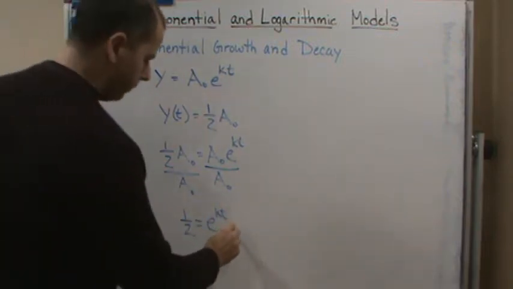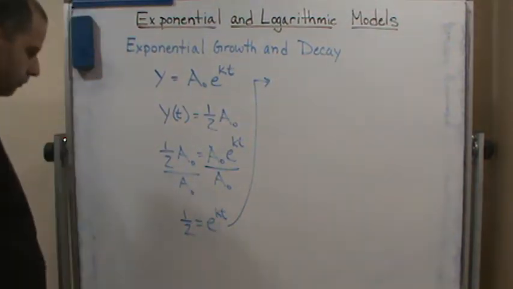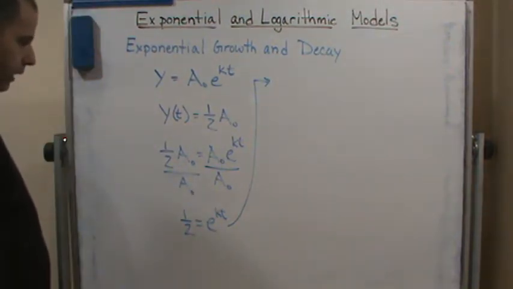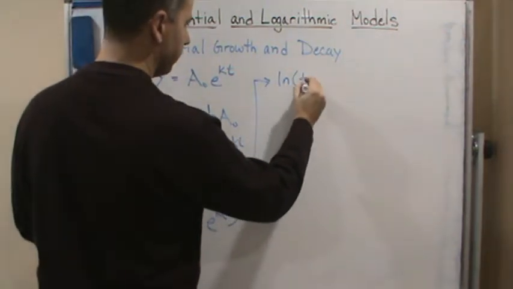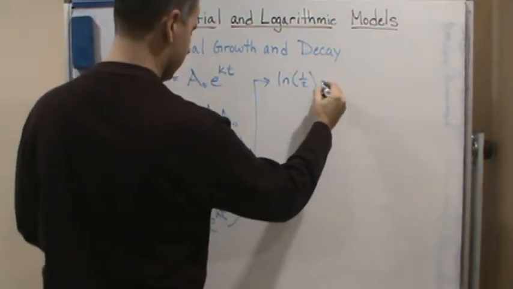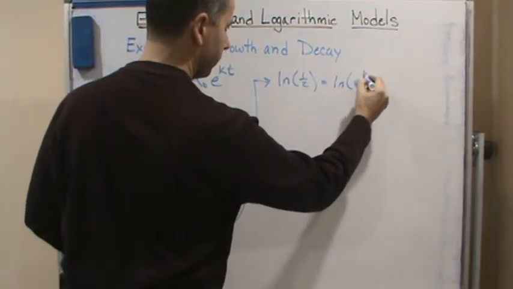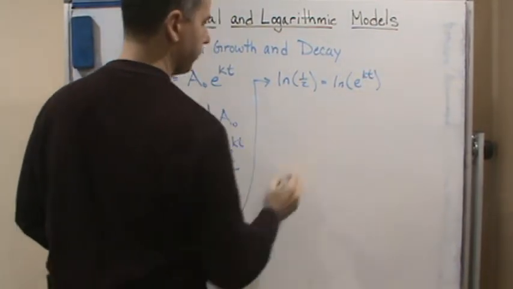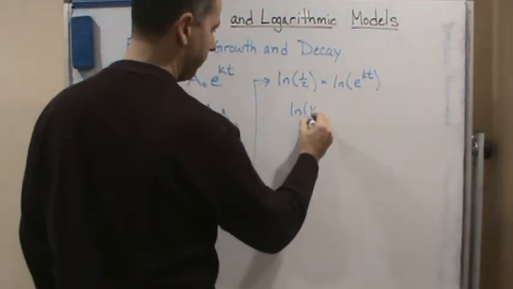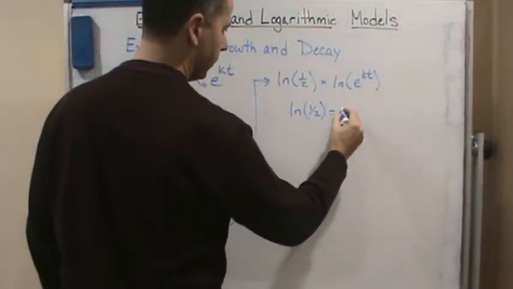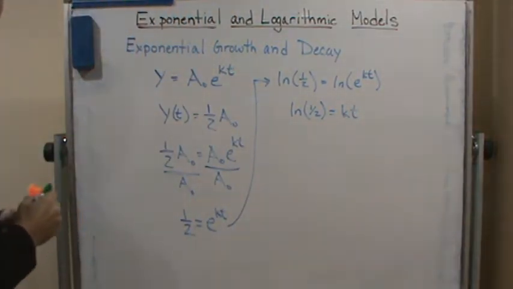And so now, if I take the natural log of both sides, I end up with the natural log of 1/2 equal to kt.